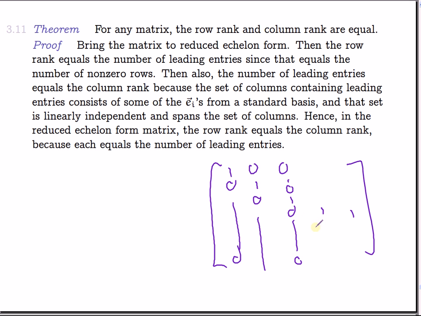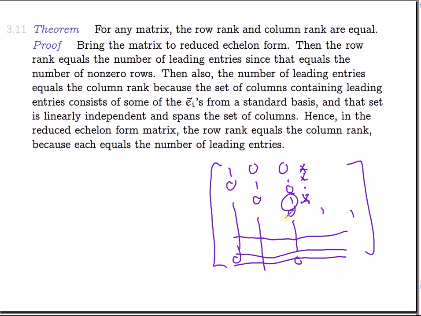It's possible that you may have certain rows that are all zeros. And it's also possible that you have certain rows that have entries that are not 0 or 1, which is okay as long as the first entry is not a leading 1.